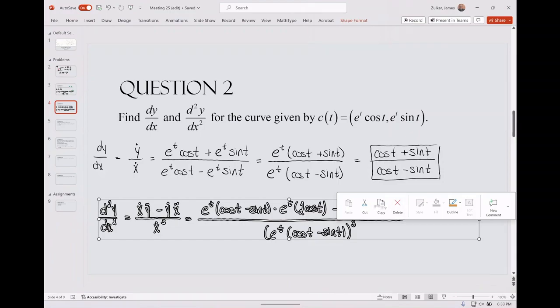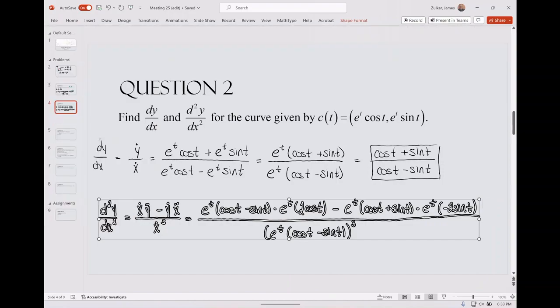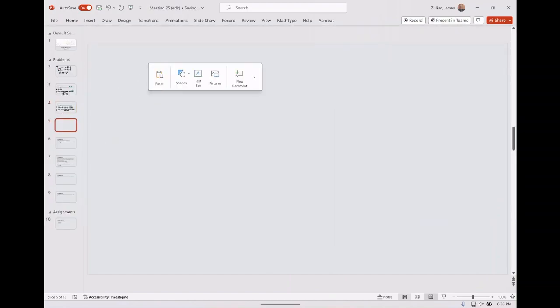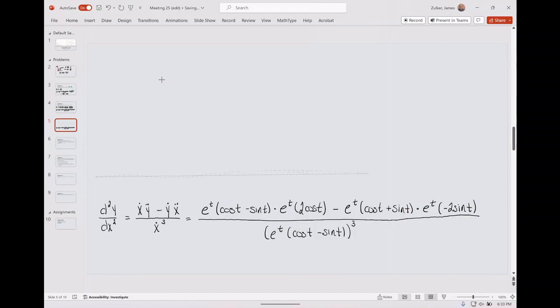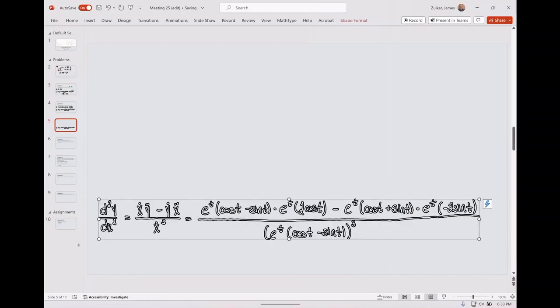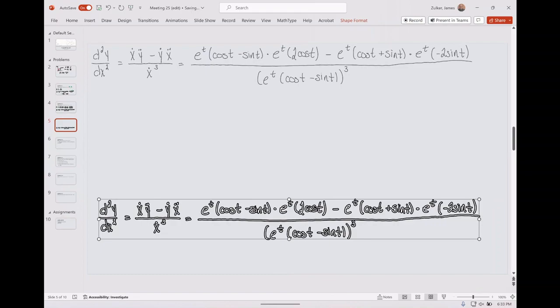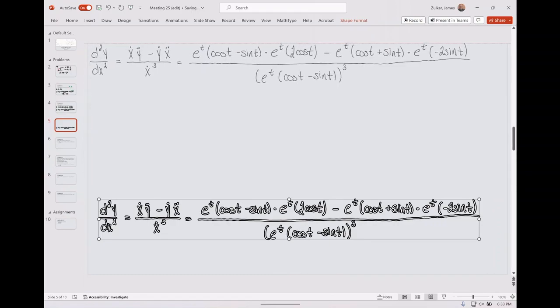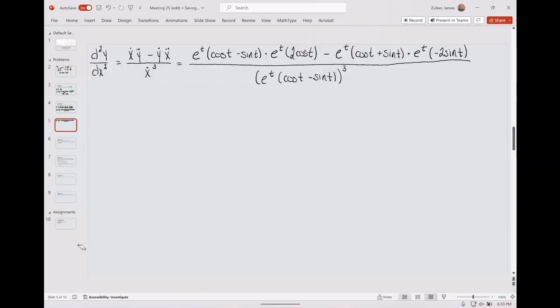I'm going to actually go ahead and copy that whole thing. Can we factor out e squared t?